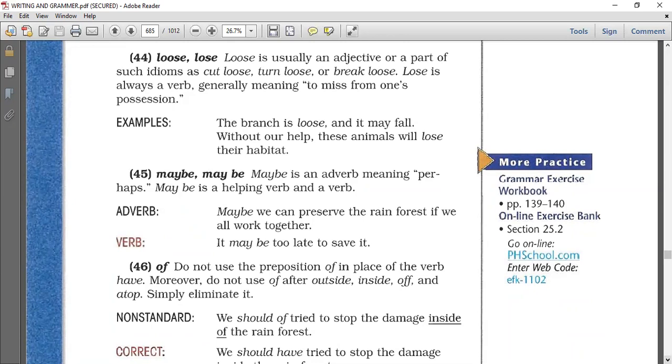Lose is always a verb, generally meaning to miss from one's position. If you have a camera and you lose it, you miss it from your position. It's no more one of your positions now. Example: the branch is loose and it may fall. Loose means not tight, not strong. Without our help, these animals will lose their habitat.